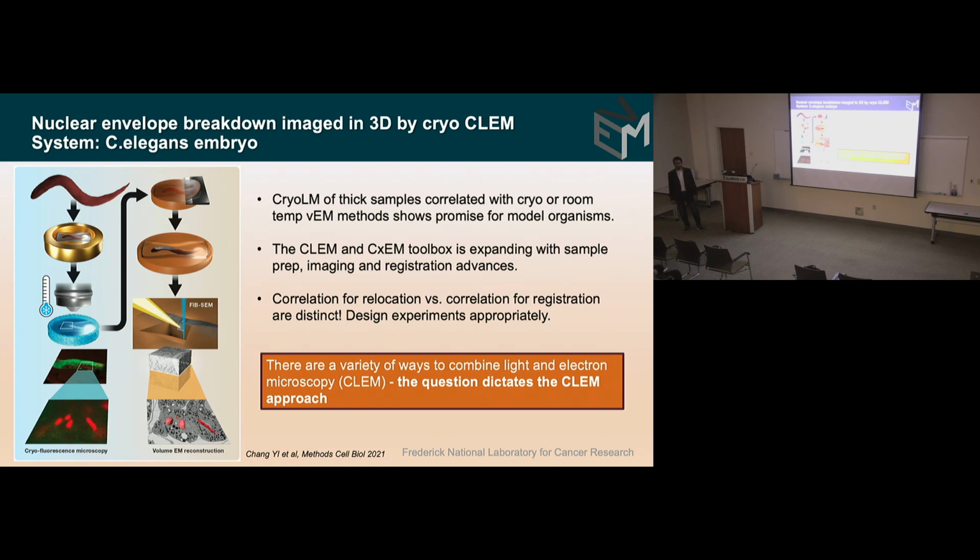A lot of times there isn't the need to have extreme spatial or temporal control over the system. Sometimes you simply want to, I don't want the phrase brute force to sound like it's lazy and dumb. But sometimes you just need to brute force a volume to characterize what that looks like ultrastructurally.